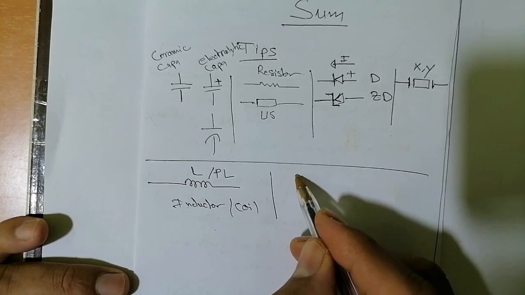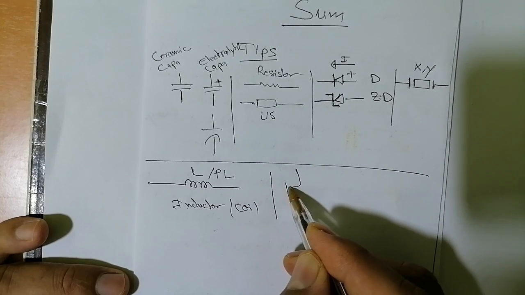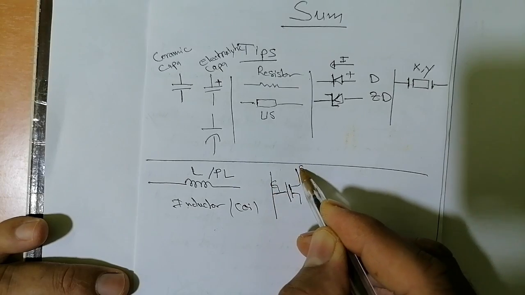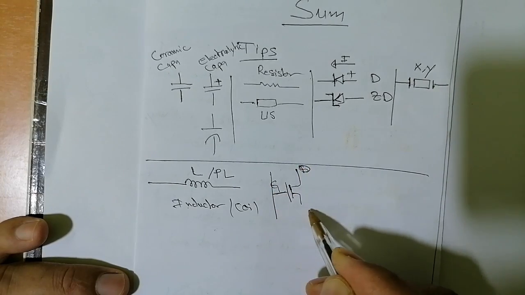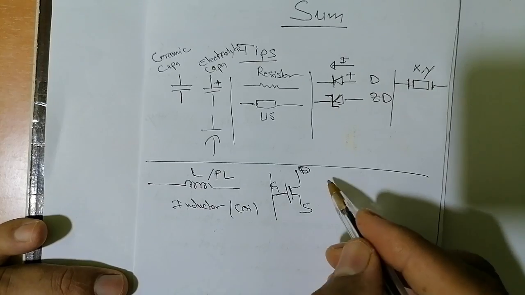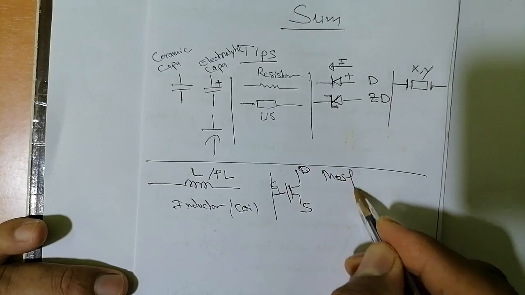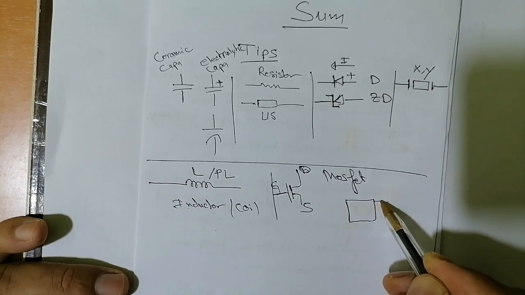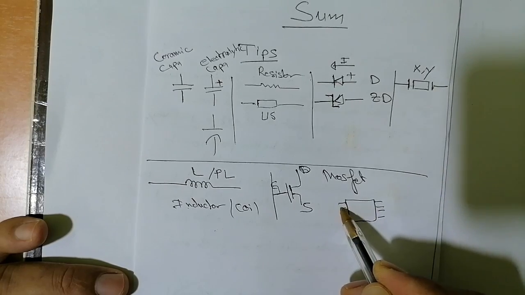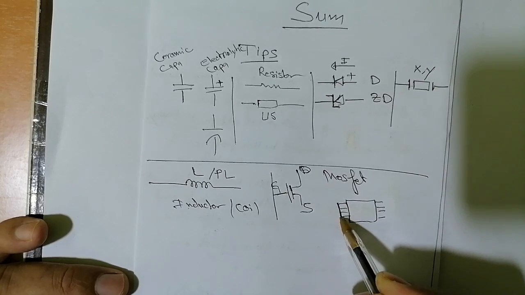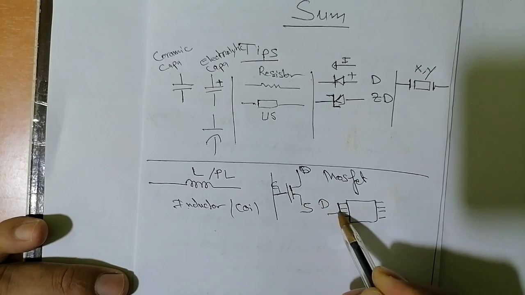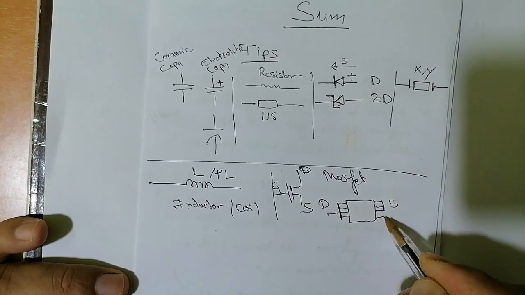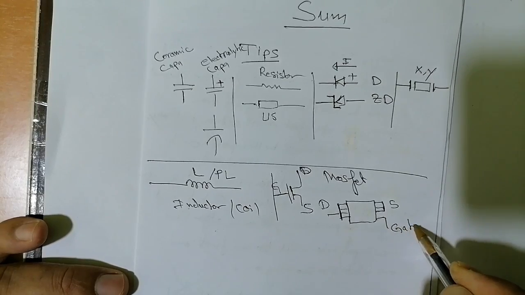So this is the symbol for the MOSFET. Here we have the gate, here we have the drain, and over here we have the source. This is basically a MOSFET. You can find a MOSFET with 8 terminals: 4 terminals here for the drain connected together, 3 terminals for the source connected together, and this is the gate.